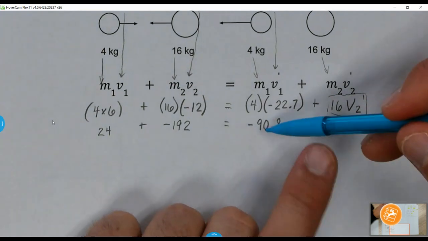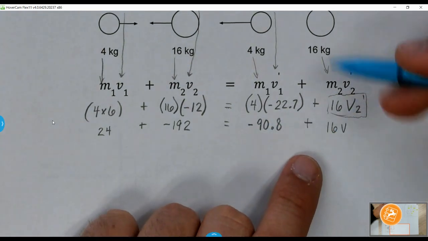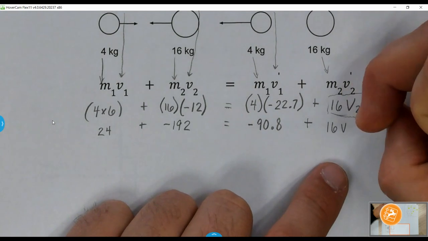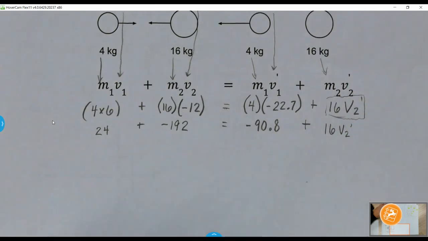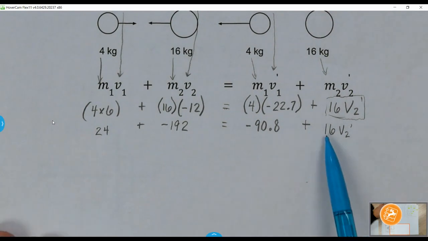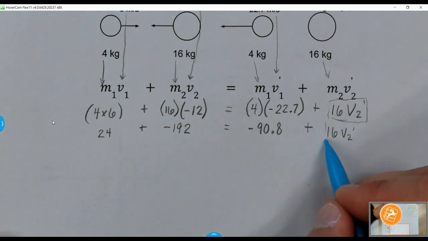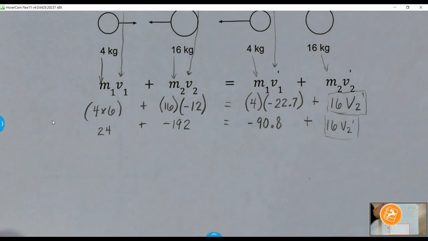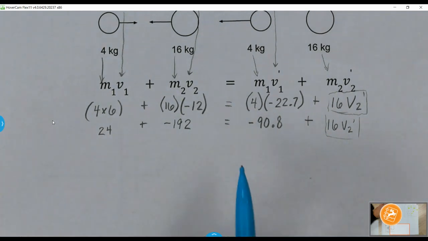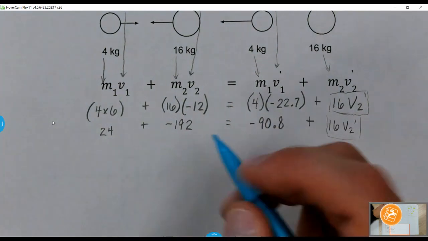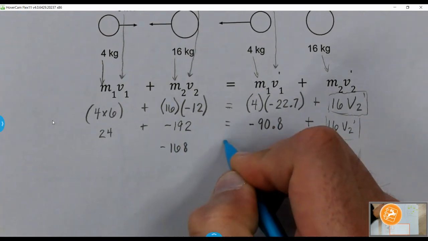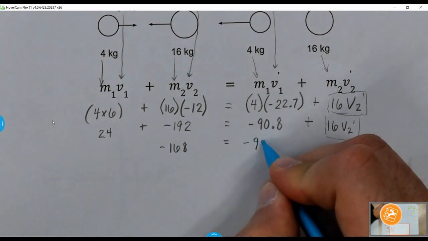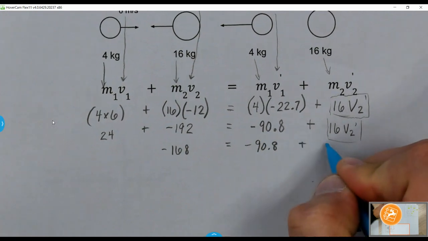In my one class someone added negative 90 plus 16, but you can't do that because it's attached to V2. We have to make sure we don't do anything with this until the very end. So we have a little bubble around it for now. Add these two together. My calculator says it comes out to be negative 168 equals this side. We didn't change anything yet.